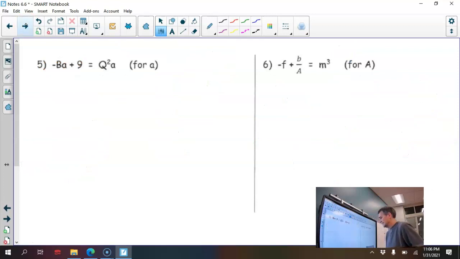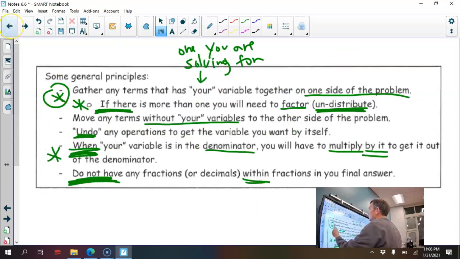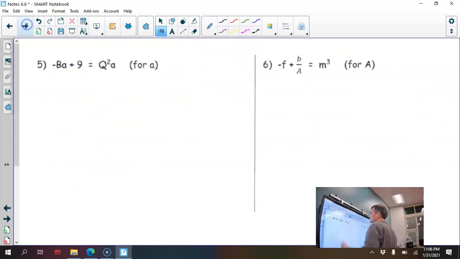All right, last two, you guys. Okay, so this is an example of this one. Oops, let me change colors real quick. Gather any terms that have your variable on one side of the problem. All right, so I'm solving for a, and there's an a in this term, and there's an a in this term.